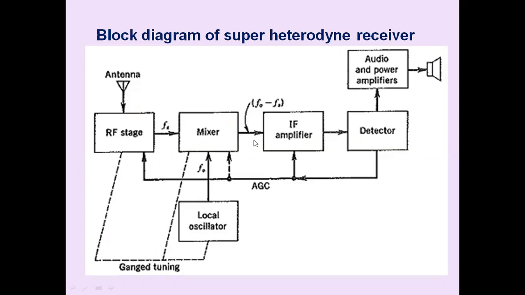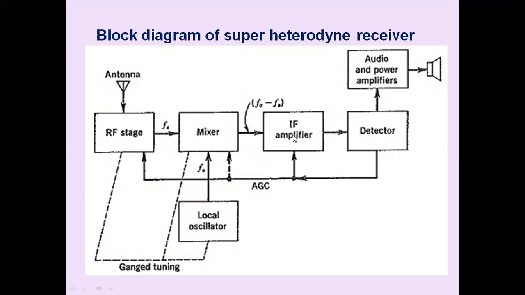The advantage is that the next circuits are common, irrespective of the channels, irrespective of the signal which we want to receive. These are the common circuits. IF amplifier stage: the output of the mixer is the IF frequency and it is applied to the IF amplifier. This signal is amplified by a chain of two or more fixed frequency amplifiers.